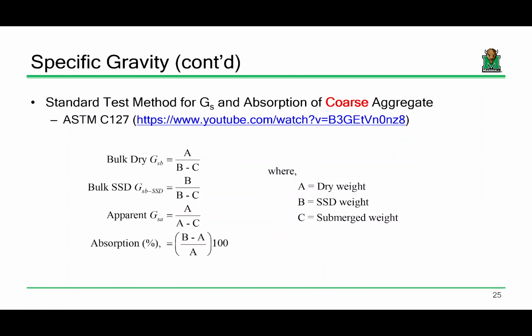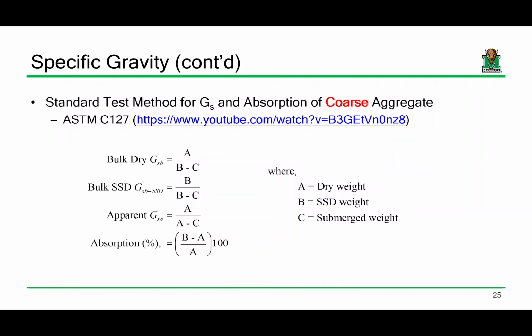But essentially what we're going to do is develop three different weights. We're going to develop the dry weight, the saturated surface dry weight, and then the weight of the sample when it's fully submerged in water, okay? Now, if you notice for bulk dry and bulk saturated surface dry specific gravities, the denominator, we're taking this minus this, but for apparent specific gravity, we're taking that minus that.